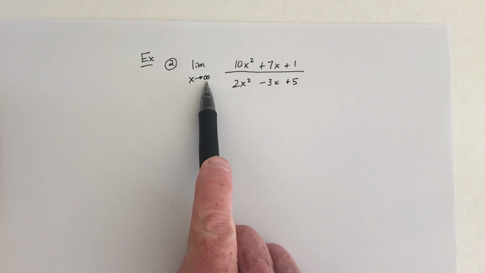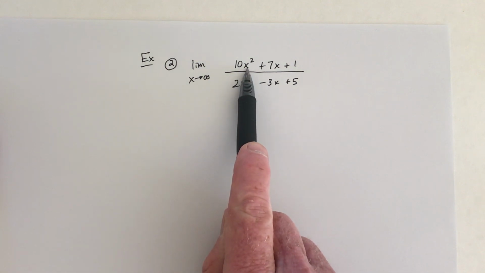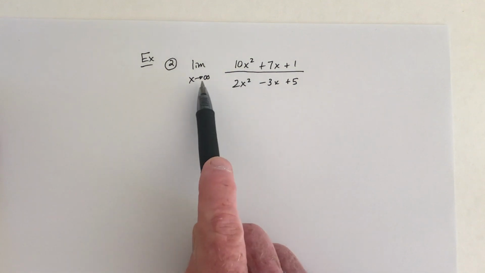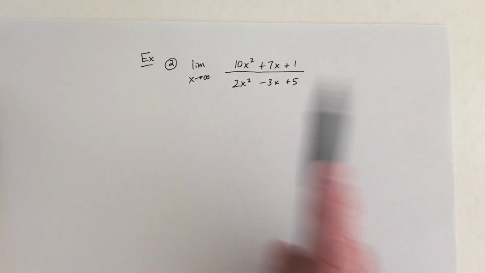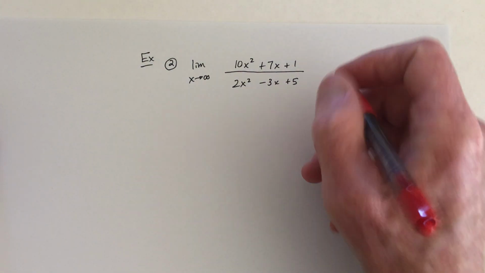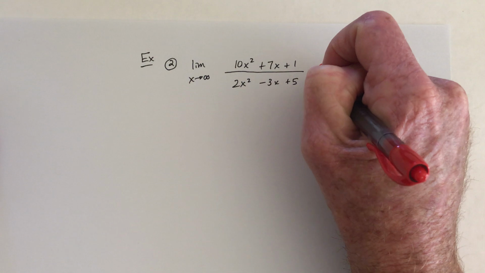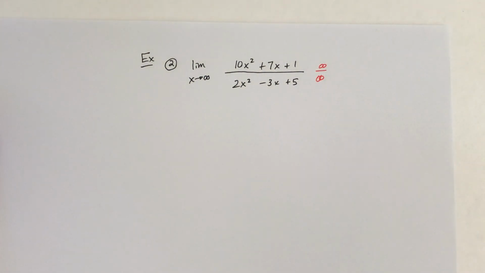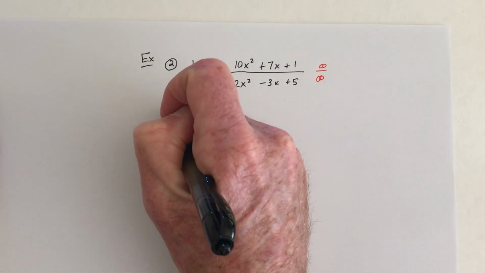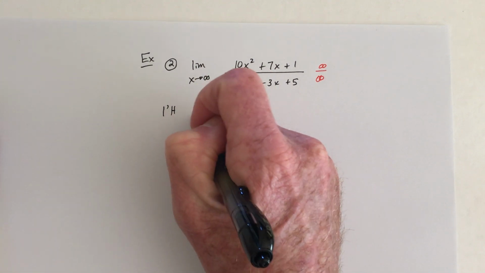So if you substitute the infinity, infinity squared is infinity, so the top is going to equal infinity. The bottom is also going to be infinity. So this is of the form infinity divided by infinity. So that means that you can use L'Hopital's rule. And then watch what happens.